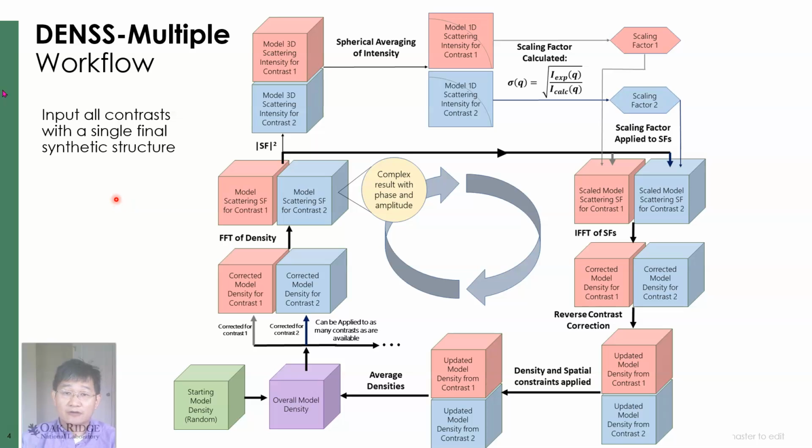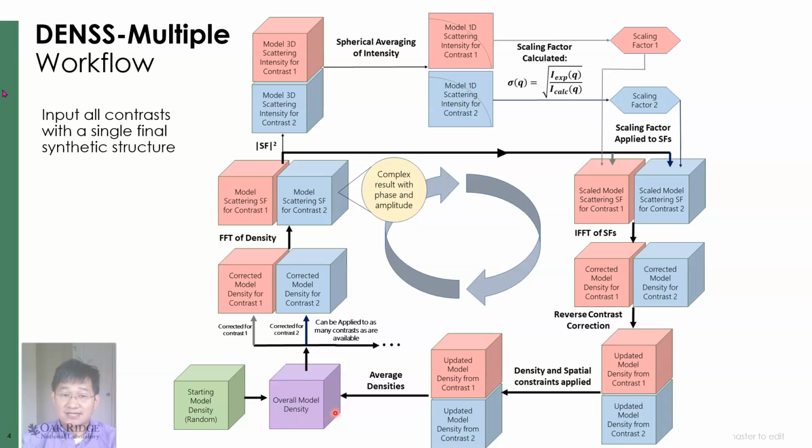So here is a workflow for DENSS multiple using contrast variation data. For the input, in addition to the experimental scattering curve at different contrasts, the background buffer scattering density is also part of the input, which can be approximated from the D2O ratios. Then it starts with a common starting model density.